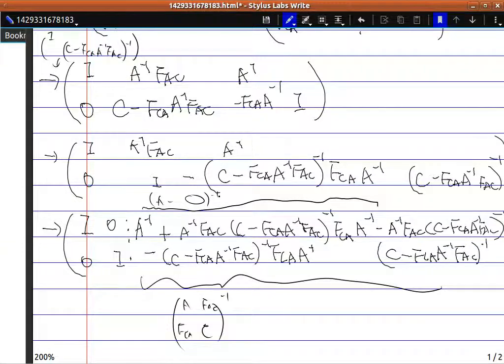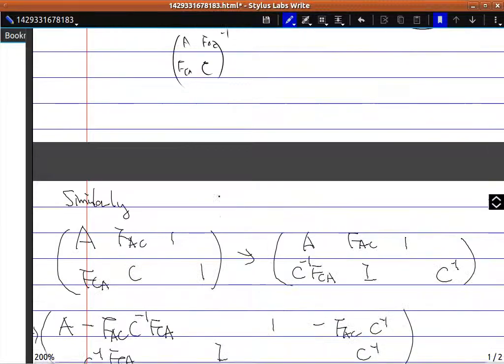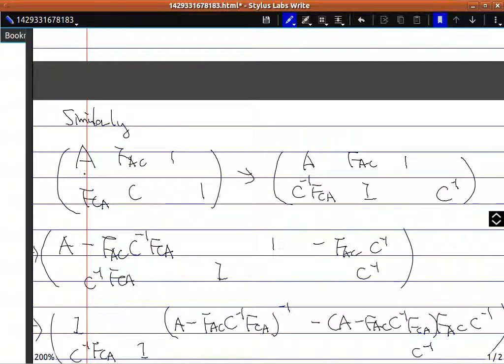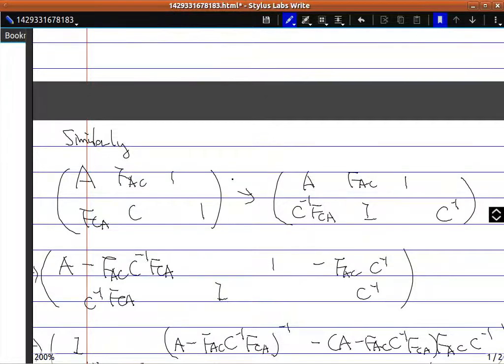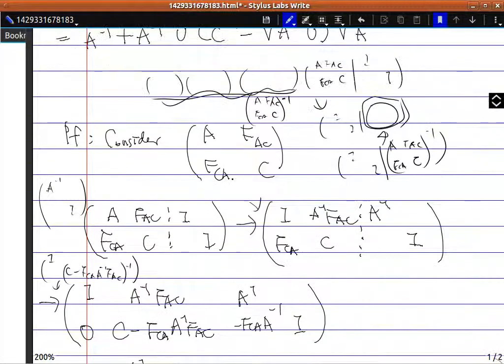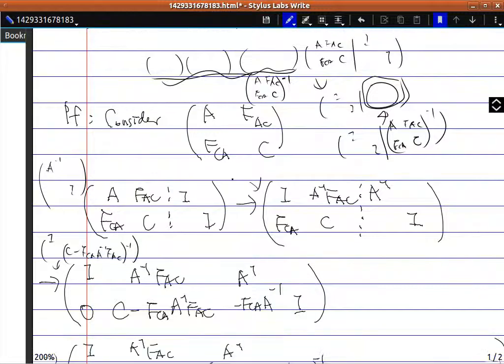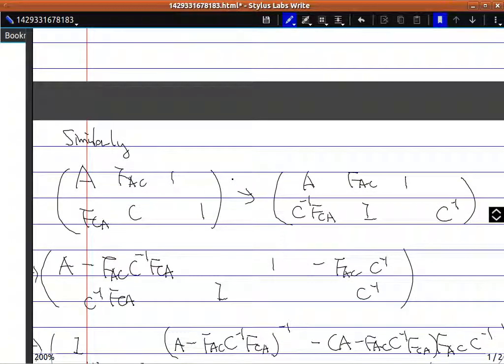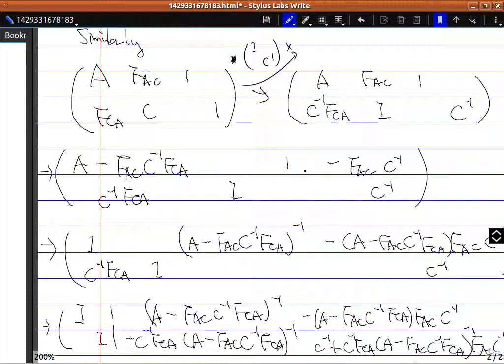And indeed it can be shown this way, because instead of first multiplying this long matrix by A inverse I, we can multiply this long matrix by IC inverse. If I do this first, I have this guy, and basically do the same thing again.